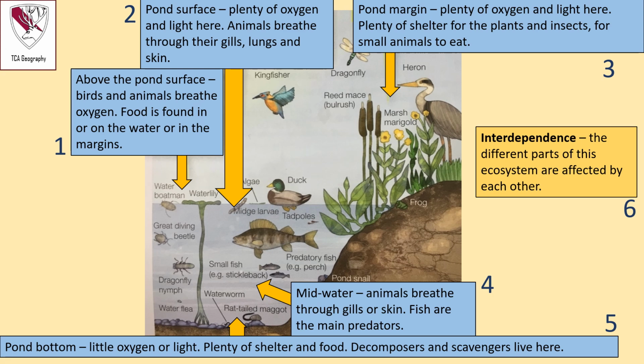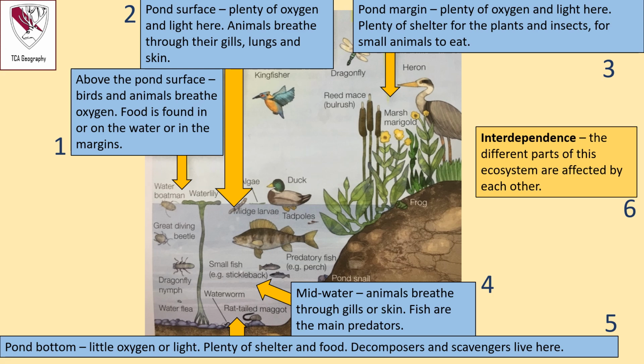Now, altogether, these things affect each other. They are interdependent. So an example would be, let's say, the water. The water is non-living, but clearly every living part of this ecosystem needs the water. Even the kingfisher.